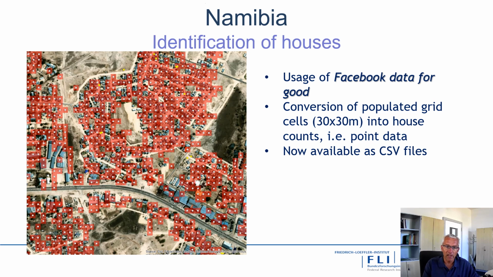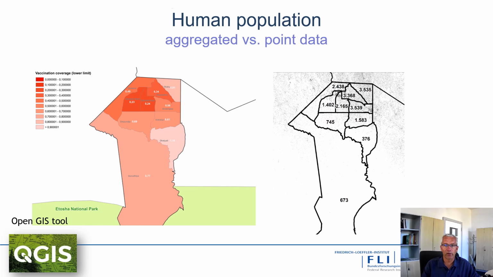Again, it has a 30 by 30 meter square length, and for each point there is a data set for the number of people living in that individual place. What you can do now is count the cells populated with human population and identify the number of grid cells. We used open GIS tools like QGIS for this analysis.